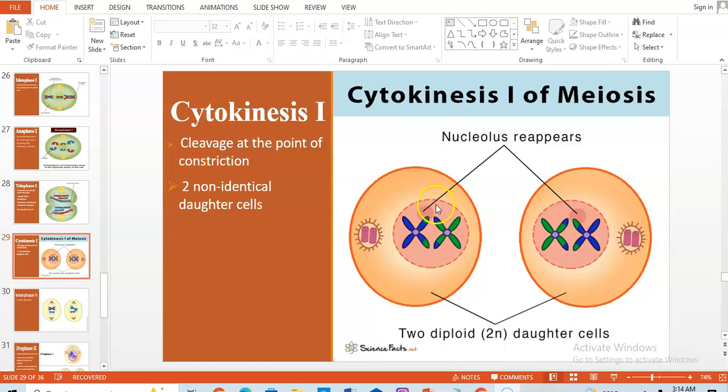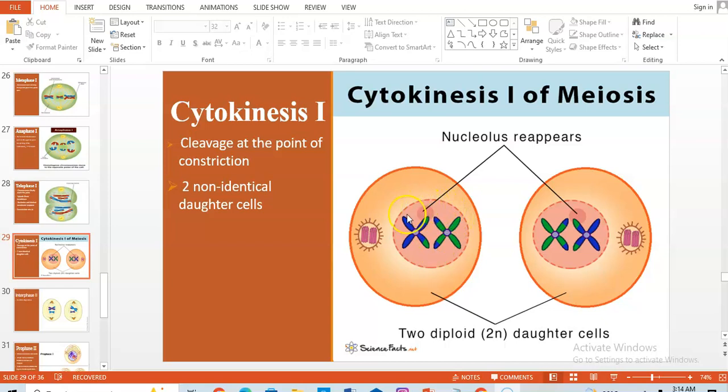The chromosomes in cell A will not have the same characteristics as the chromosomes in cell B, so the cells differ in their functional characteristics. That's why two non-identical daughter cells are formed, and each has 23 paired chromosomes, that's 23 bivalent chromatids.